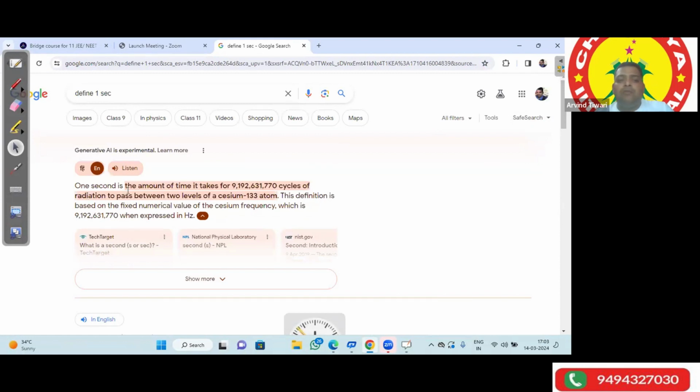1 second is the amount of time it takes for 9192631770 cycles of radiation to pass between two levels of the cesium-133 atom.